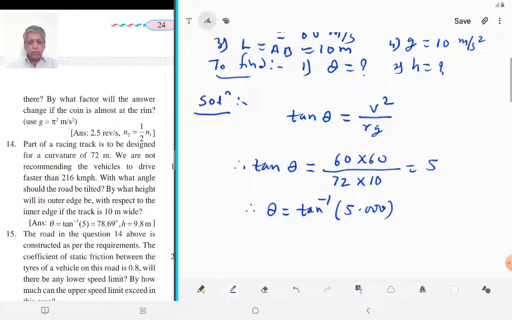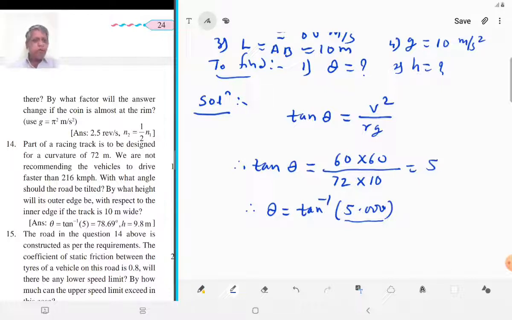Now see the nearest number of 5.00 in 0 minute columns. Here 4.7046 is in 78 degree rows. So the nearest number 5.0045 is in 42 minutes.